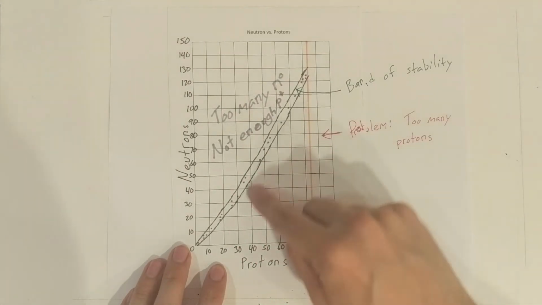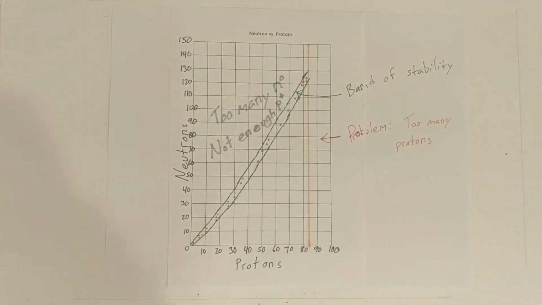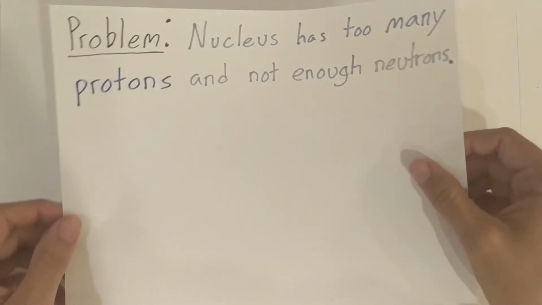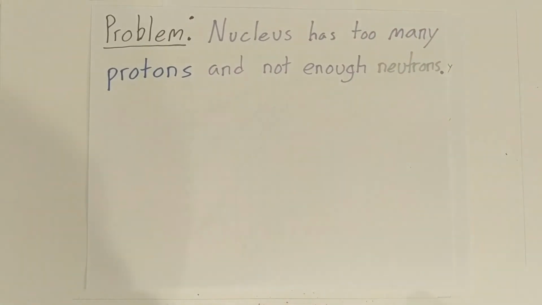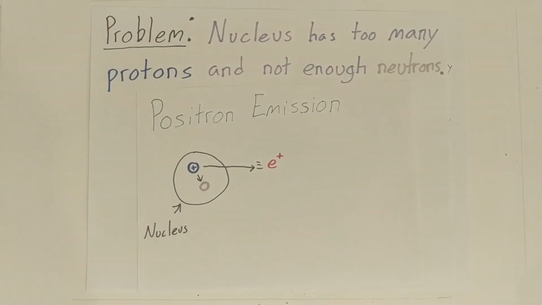So then you can imagine the other part that will have a problem is if we're down here. What if we have too many protons and not enough neutrons to hold them together? So in this area down here, we have this problem. Too many protons, not enough neutrons. So in this case, what we have going on is positron emission.